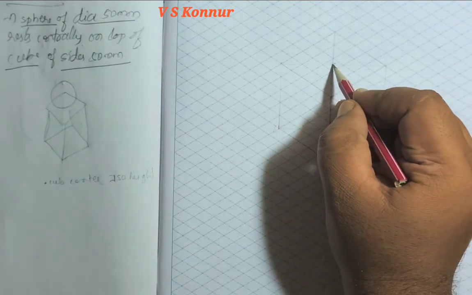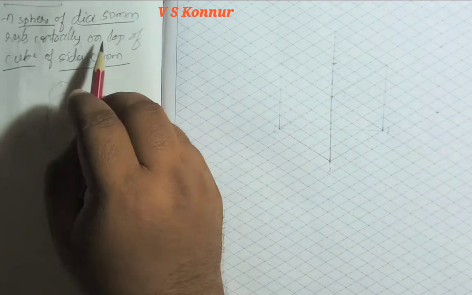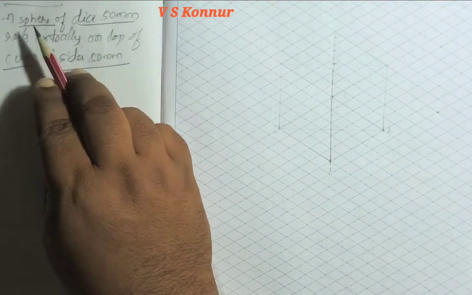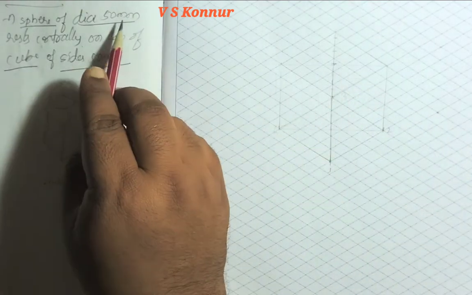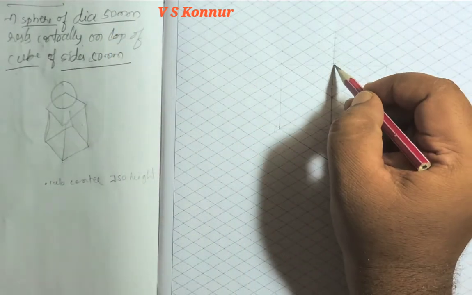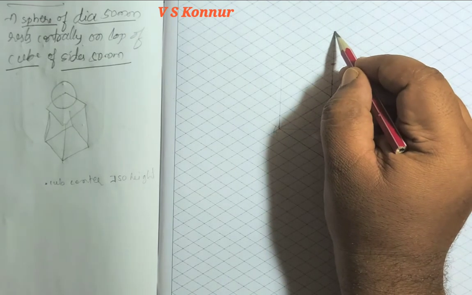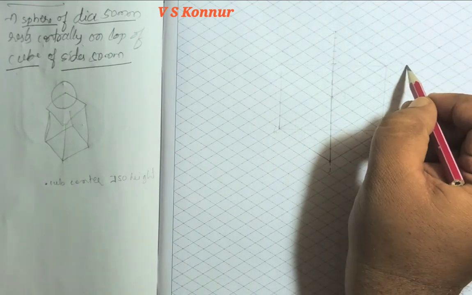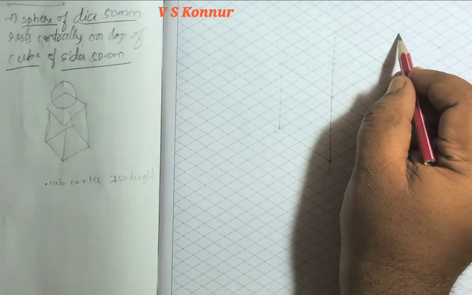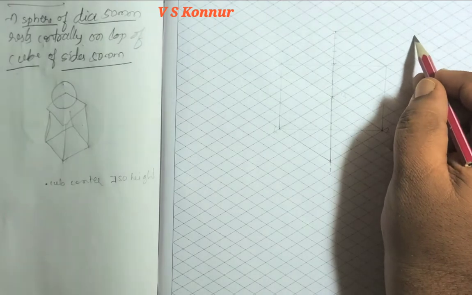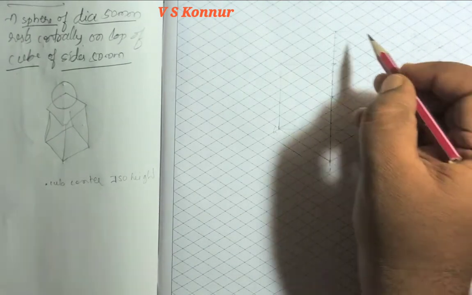From the center you have to take iso height. A sphere of 50 mm diameter, so if you convert 50 mm, it will be 25. 1, 2, 5. Here you will get the height, iso 25. So we'll just mark here. This height is 25, iso 25.